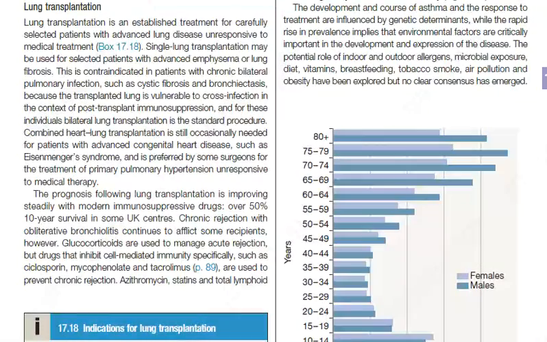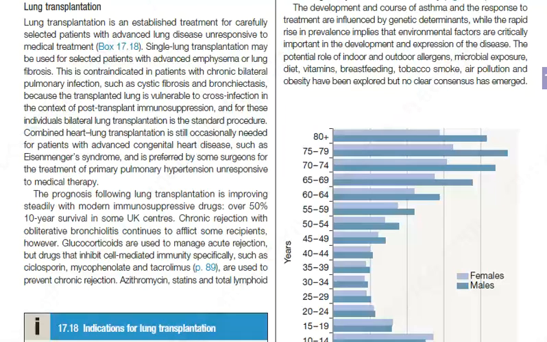Lung transplantation. Lung transplantation is an established treatment for carefully selected patients with advanced lung disease unresponsive to medical treatment. Single lung transplantation may be used for selected patients with advanced emphysema or lung fibrosis.